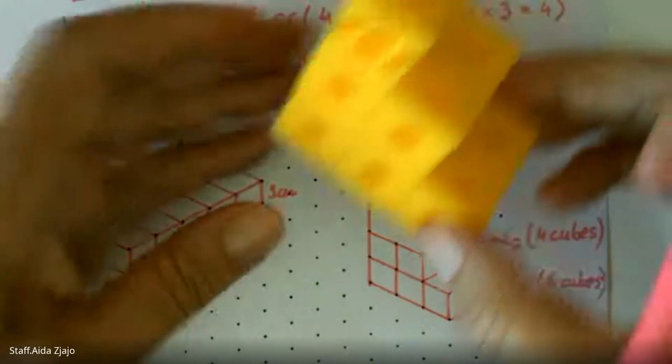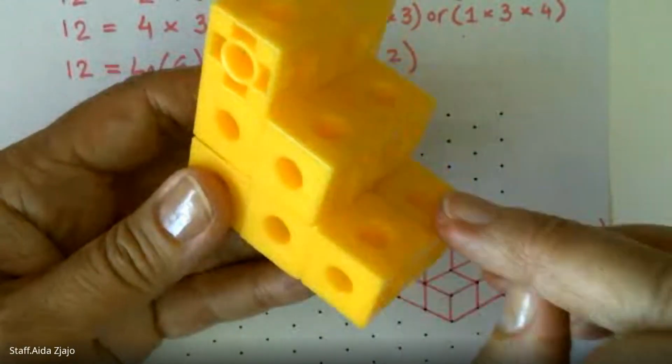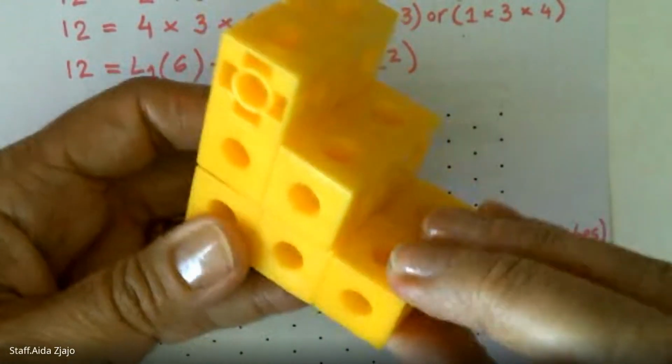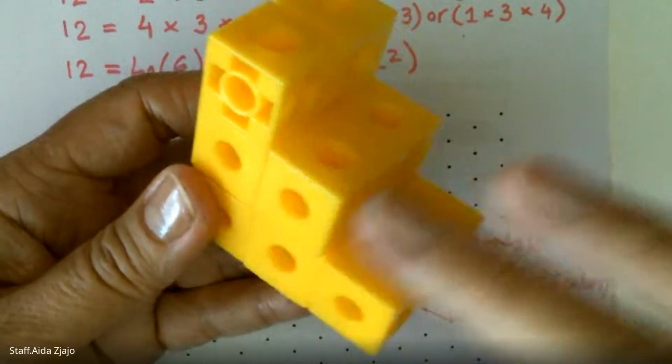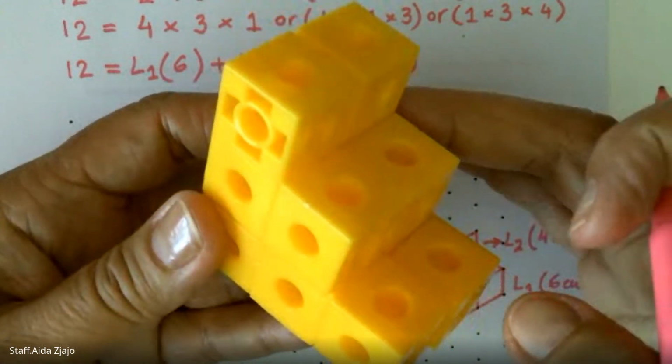Because when you look, layer 1 has 6 cubes, the height. Then layer 2 is missing these 2 front cubes, so it's only 1, 2, 3, and 1 behind is 4.